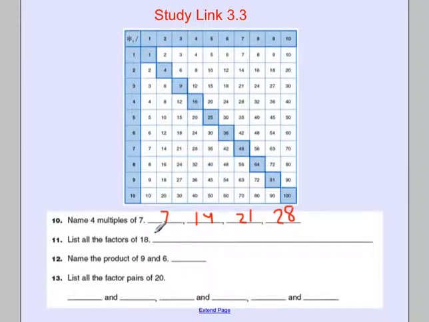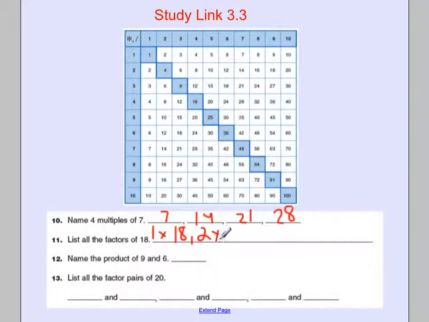Or I could think about what two numbers I can multiply to get 18. I know that 1 times 18 will be 18. And if I had an 18 on here, we could find that. I also know that 2 and 9, if I were to look at my chart, I would see that 18 showed up here. So I know that 9 and 2 are factors.